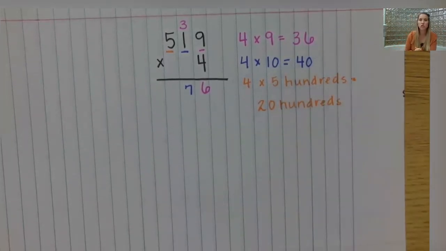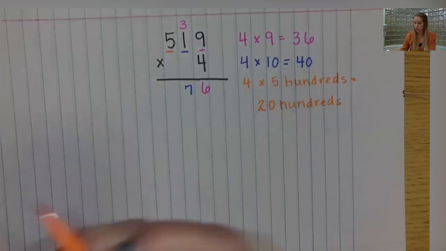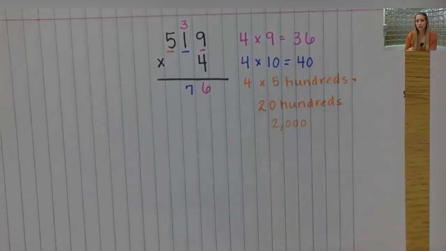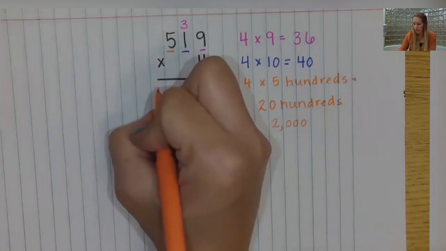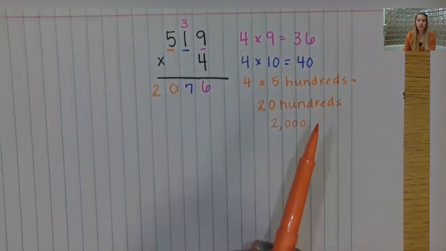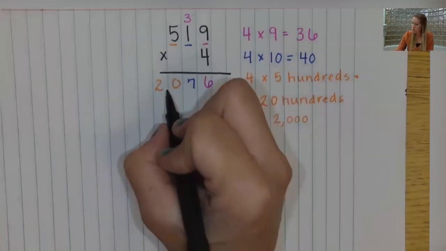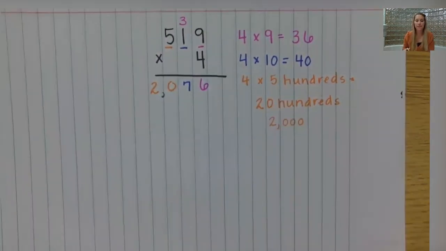Or what's 20 hundreds worth? 20 hundreds is worth 2,000. And so we didn't have to add because there was nothing we regrouped. And so what is our end product? Read it with me. 2,076. I think you got this.